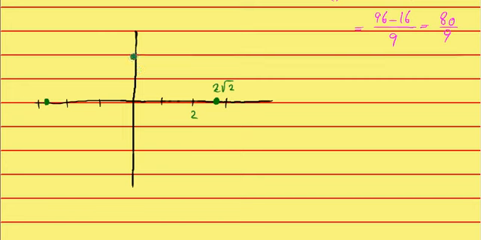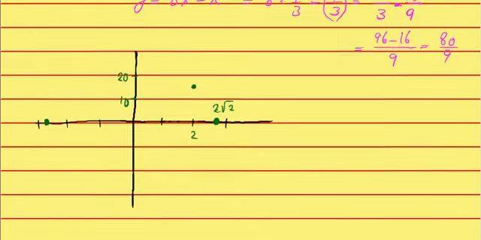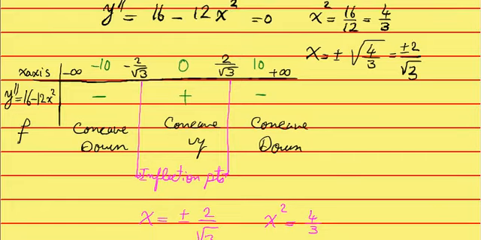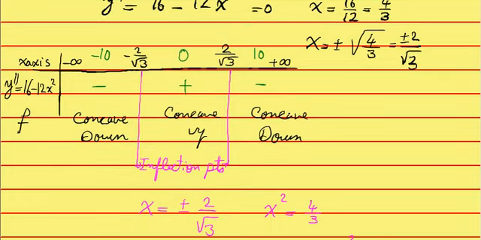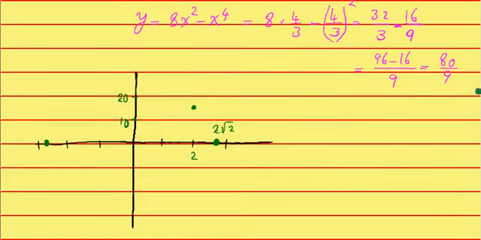Suppose I put this at, say this is 10, so that's going to be 20. 16 will be somewhere around here. Next interesting point was inflection: 2 over radical 3, 2 over radical 3.